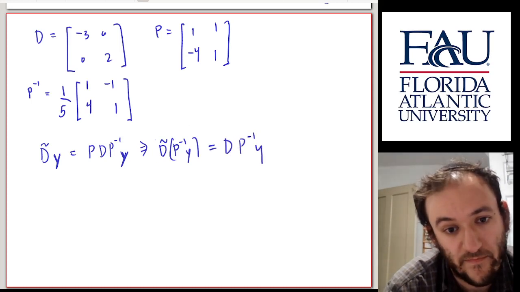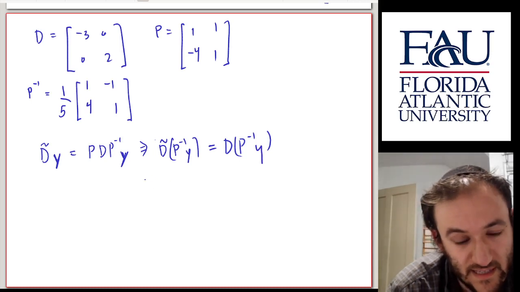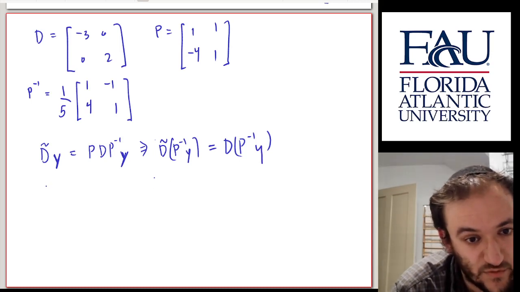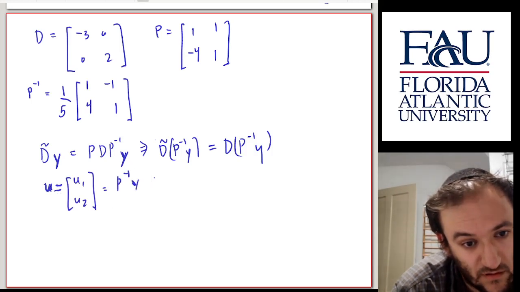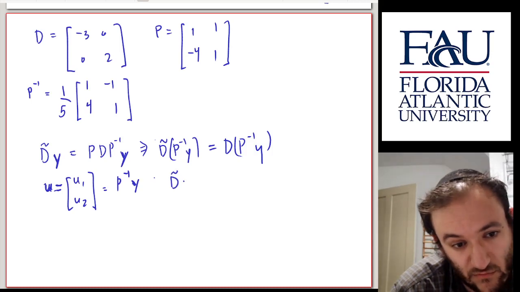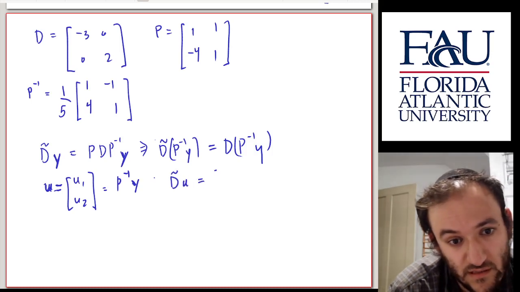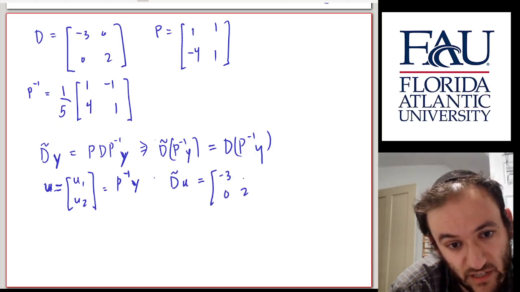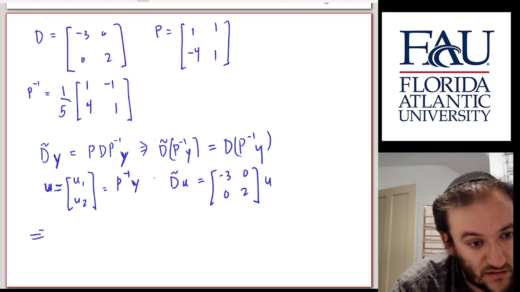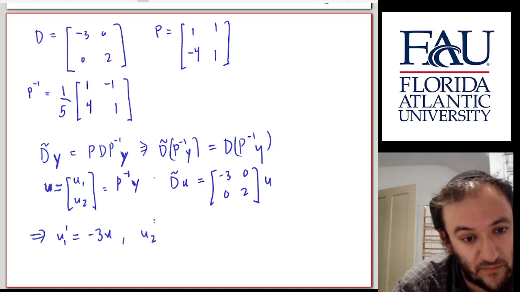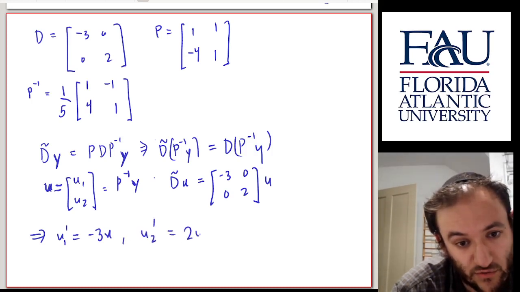equals D times P inverse y. So what we see is that the derivative of P inverse y, so if we name a new variable u equals (u1, u2) to be equal to P inverse y, then this is now D tilde u equals just this simple diagonal matrix times u, which means that u1 prime equals minus 3 u1, and u2 prime equals 2 u2.